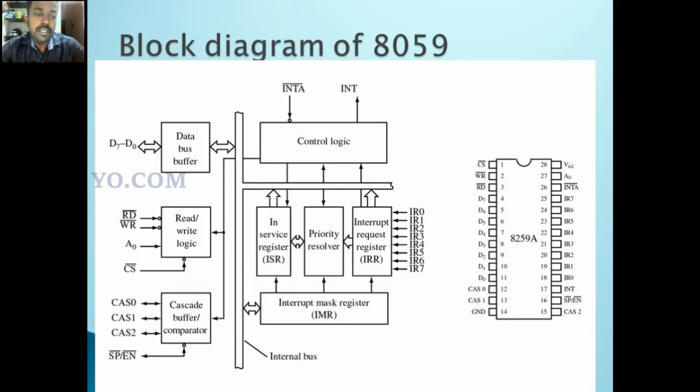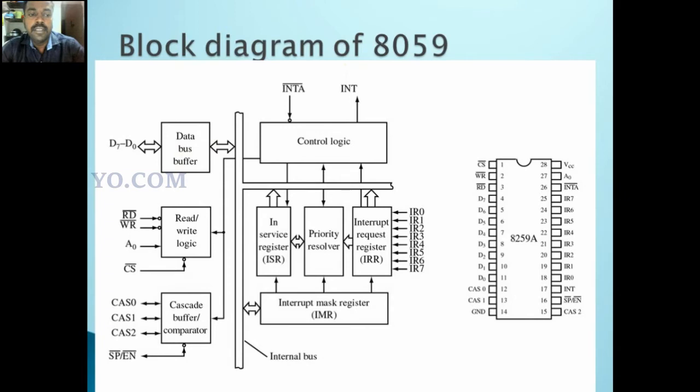See the block diagram. These are the common blocks used in all the ICs. Okay, data bus buffer. What is the data bus buffer? Data bus buffer is used to transfer the data between the microprocessor and 8259. It is a bidirectional tri-state 8-bit buffer.